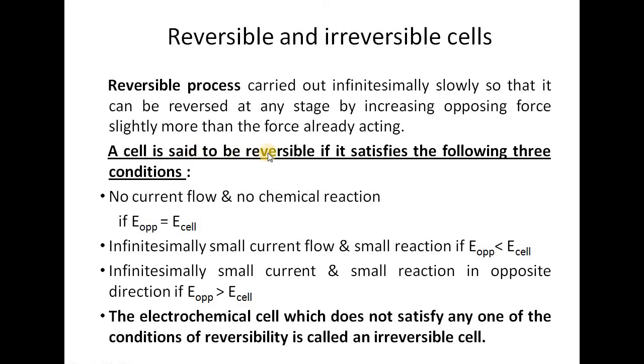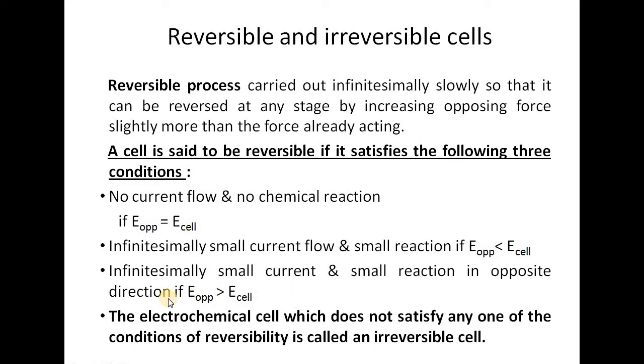A cell will be said to be reversible if it satisfies the following three conditions. First one, if the opposite EMF is equal to the EMF of the cell, there should be no current flow and no chemical reaction. Second thing, if the opposite EMF is less than the EMF of the given cell, then there should be infinitesimally small current flow and small reaction.